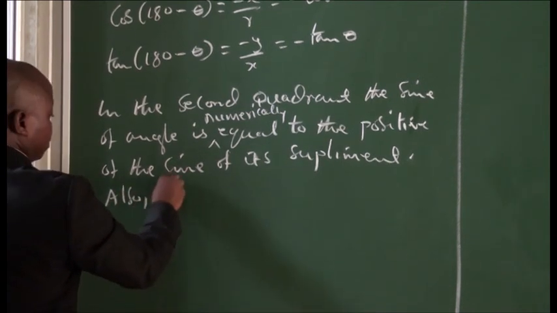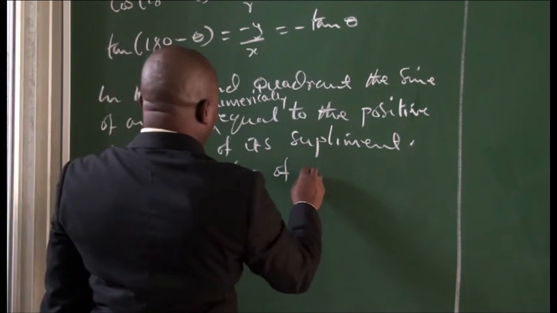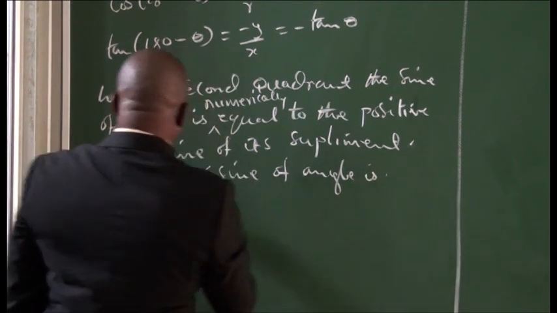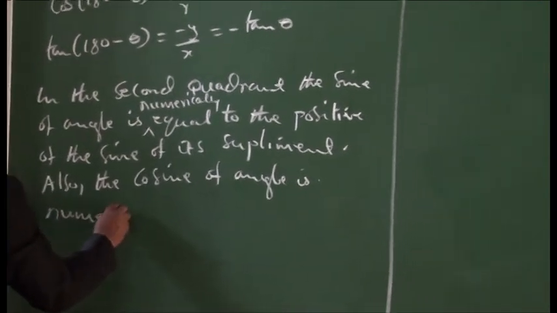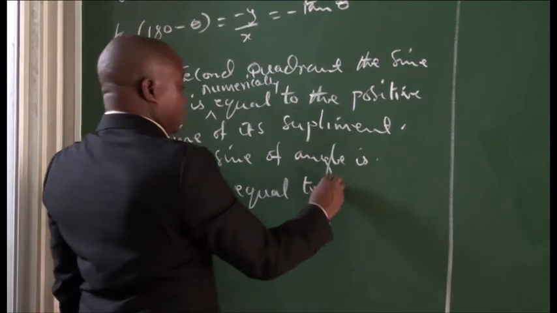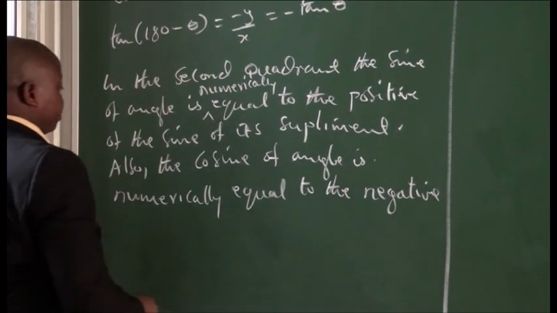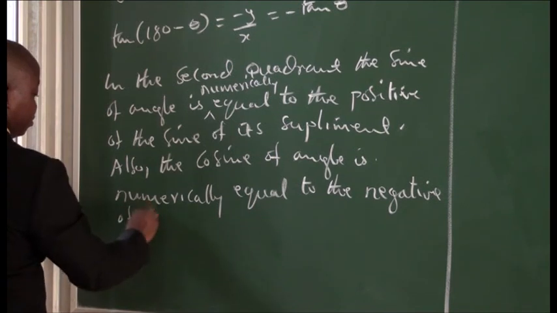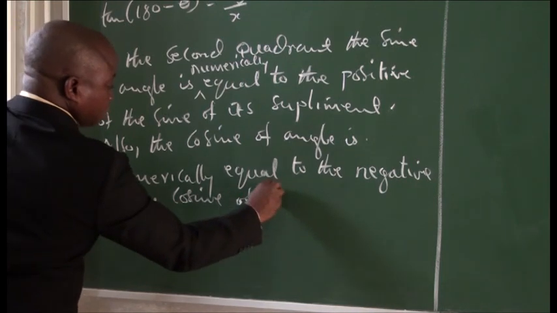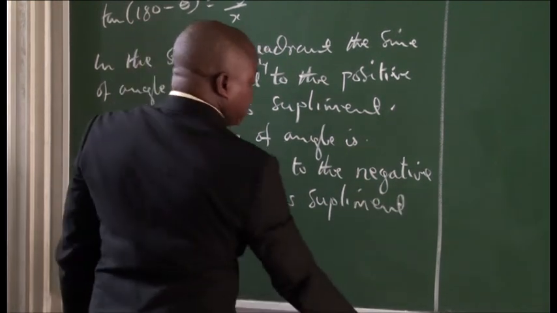Also, the cosine of an angle is numerically equal to the negative of the cosine of its supplement.